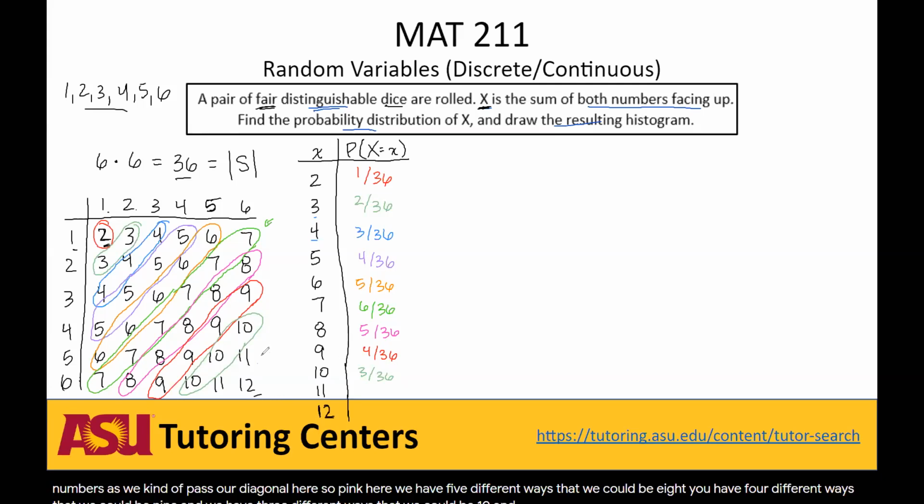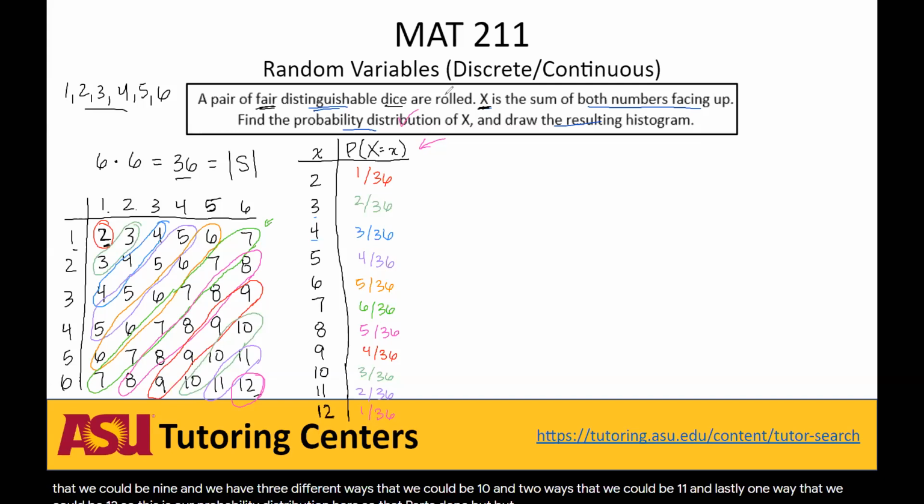And 2 ways that we could be 11. And lastly, 1 way that we could be 12. So this is our probability distribution here. So that part's done.